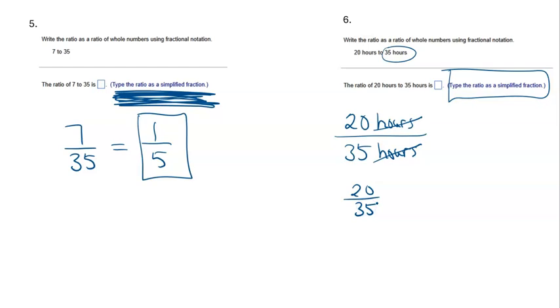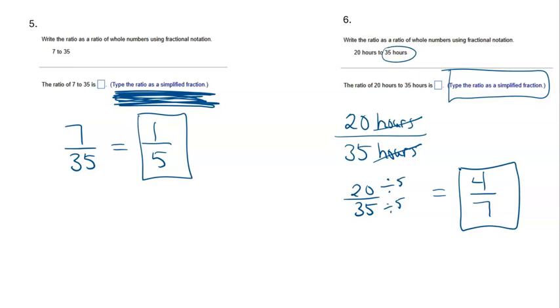Both of those are divisible by 5, so let's do that. So I'm going to divide 20 by 5. I'm going to divide 35 by 5. Usually I've just been doing this in my head, but feel free to write that down to remind yourself of what you're doing. 20 divided by 5 is equal to 4. 35 divided by 5 is equal to 7. This is a simplified fraction. It's not really reduced because it's not smaller, right?